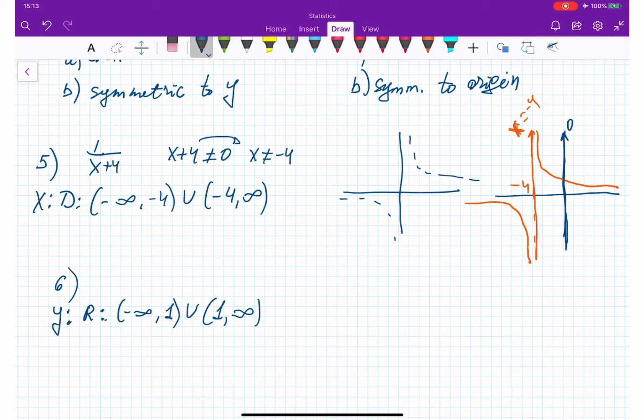So what does that mean? That means our value of x, let's say if this is my 1 over x, so range cannot be 1. What we are doing is moving up by 1 right here.